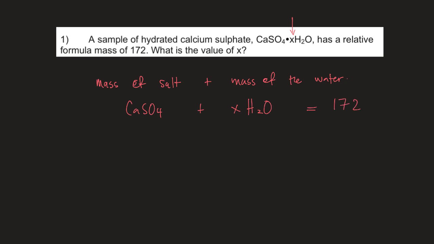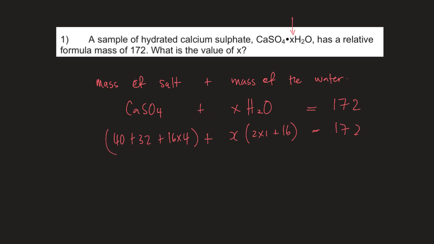So we're looking for X. So we're going to say 40 plus 32 plus 16 times 4 plus, and I'm just going to make it a variable, X times 2 times 1 plus 16 is equal to 172. And we need to find X.